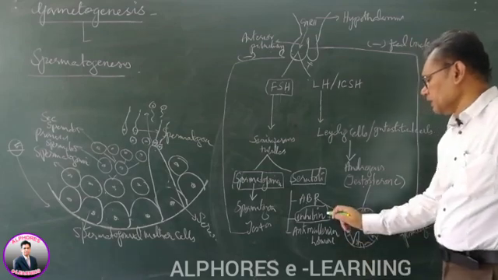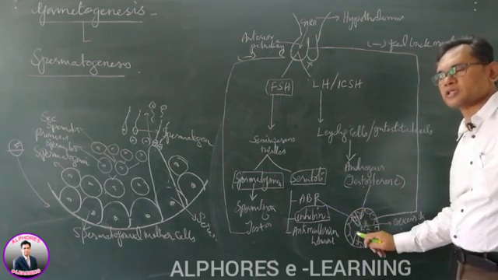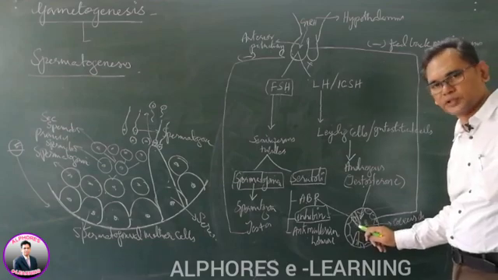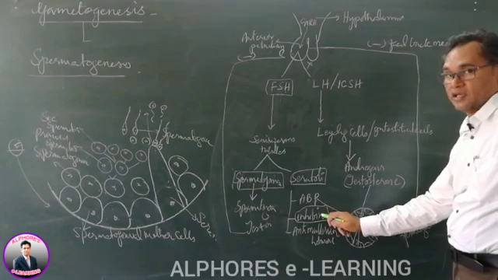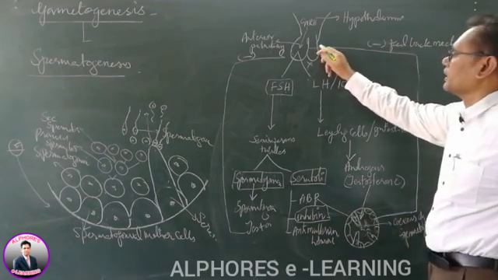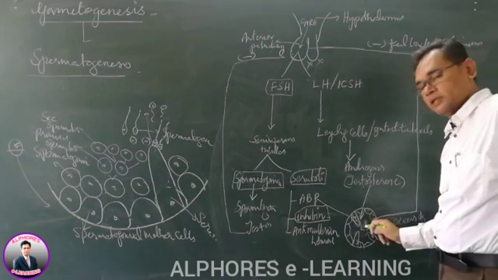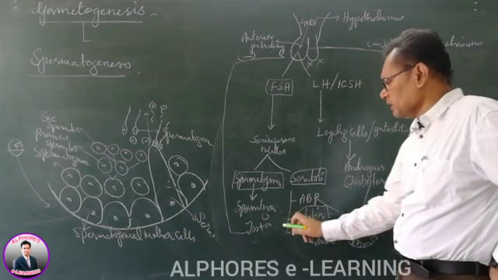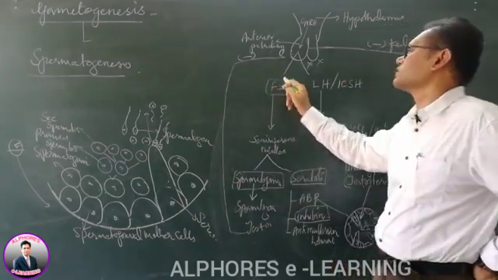Simply, inhibin is produced only when excess sperms are present in the seminiferous tubule. Then inhibin sends a message, a negative feedback mechanism, not to produce LH. When testosterone levels are high, it again sends a negative feedback to the FSH not to be produced.